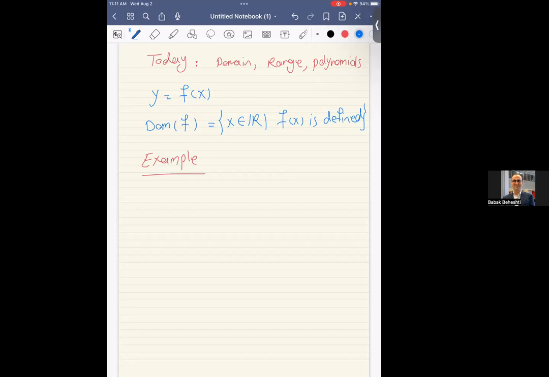Okay, so the domain of a function is the set of x values for which f of x is defined, okay? For many functions, like a polynomial, so if you have f of x equal to x squared or x cubed or x to any power n, where n is a positive integer, then there is no restriction on x.